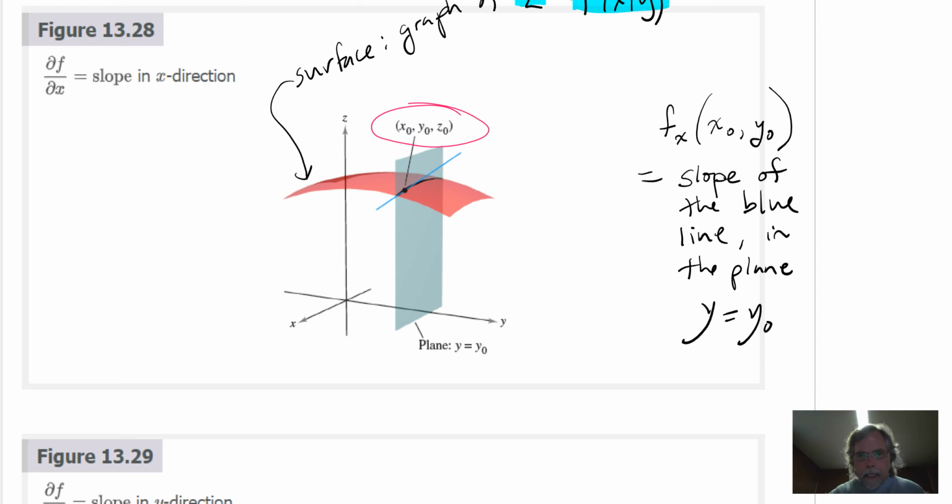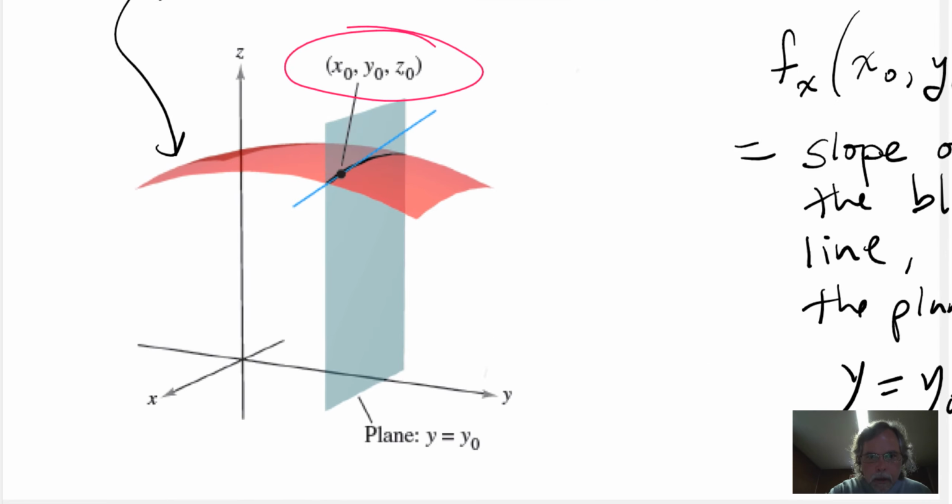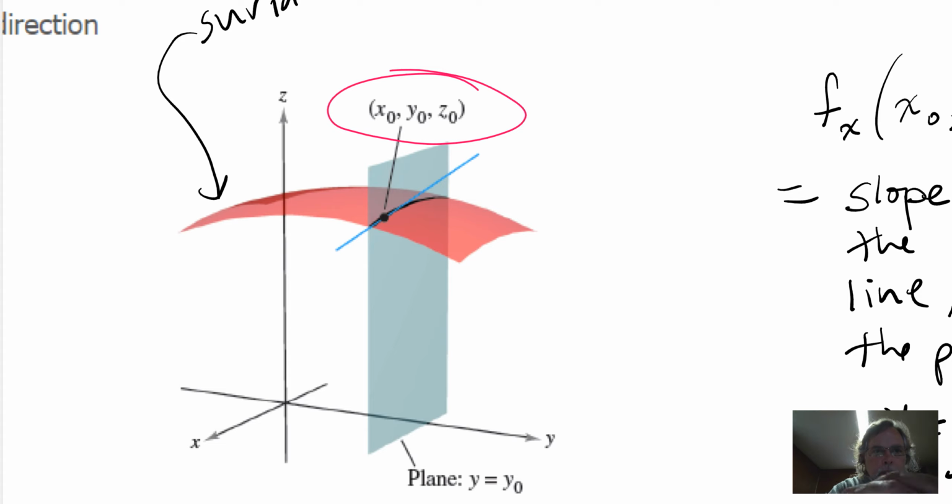That's a key thing. That intersection is this black arc. That's the intersection of the graph of the function z with the plane y equals y0.